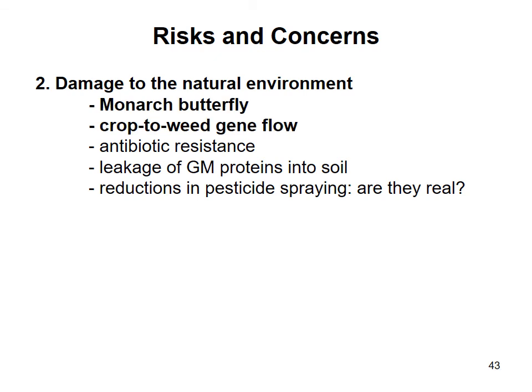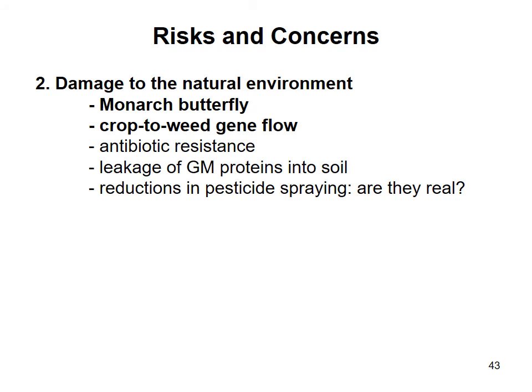The suggestion that Bt corn pollen might kill the monarch butterfly larvae galvanised public interest in the effect of transgenic crops on the environment. So let's think about crop-to-weed gene flow. Hybridisation of crops with nearby weeds may enable weeds to acquire traits that we wish they didn't have, such as resistance to herbicides.